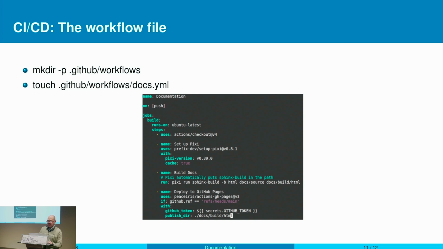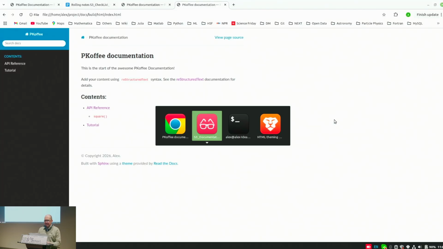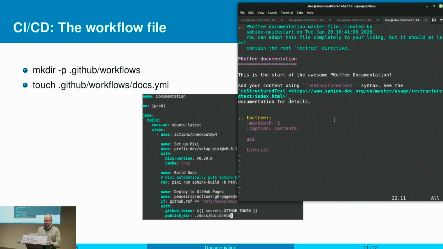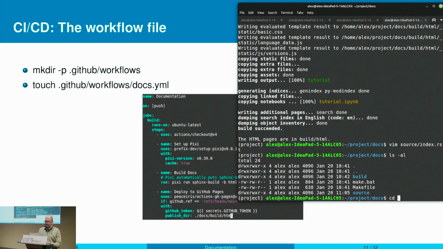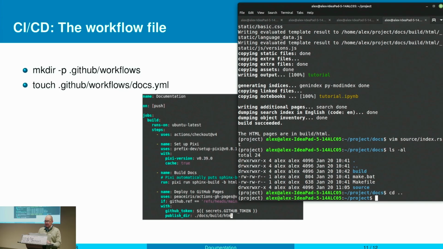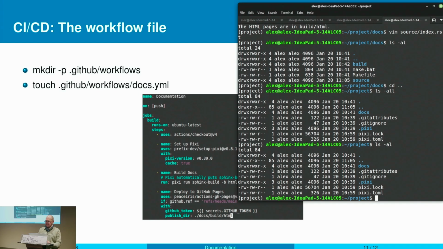So what we have to do, first of all, is to leave the docs directory, and you go here, in this place where you have the .gitattributes and the .gitignore.